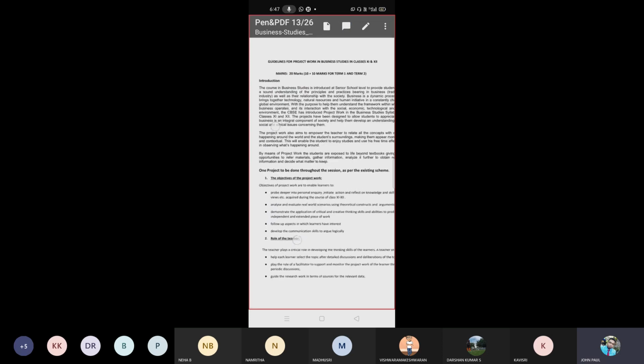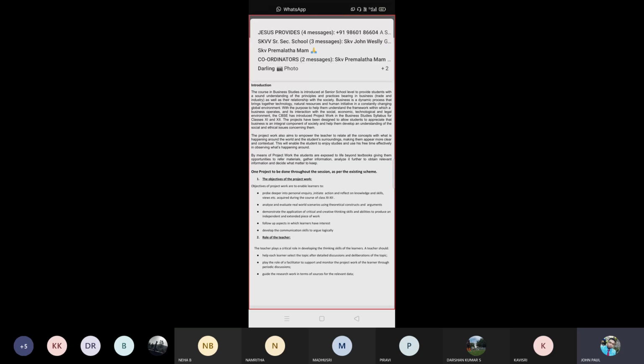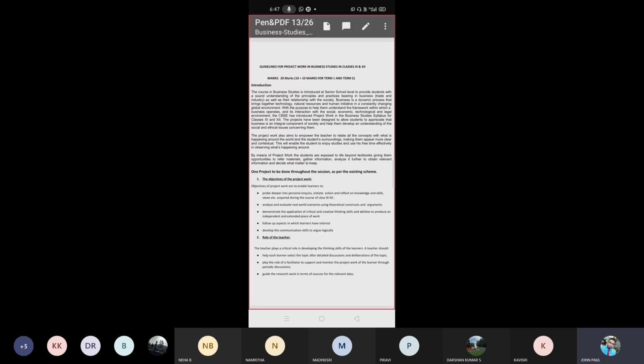The course in business studies is introduced at the senior secondary level to provide students with a sound understanding of the principles and practices bearing on business, trade and industry, as well as their relationship with society. Business is a dynamic process that brings together technology, natural resources, and human initiative in a constantly changing global environment, to help them understand the framework within which a business operates and its interaction with the social, economic, technological, and legal environment.